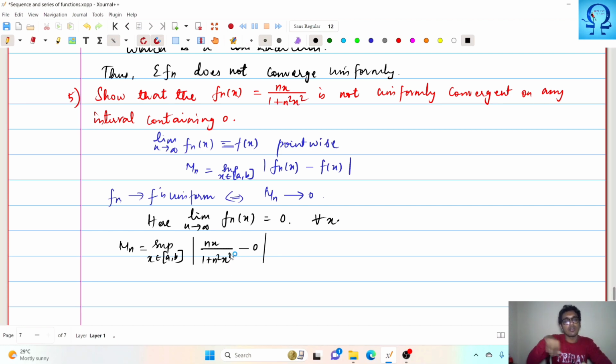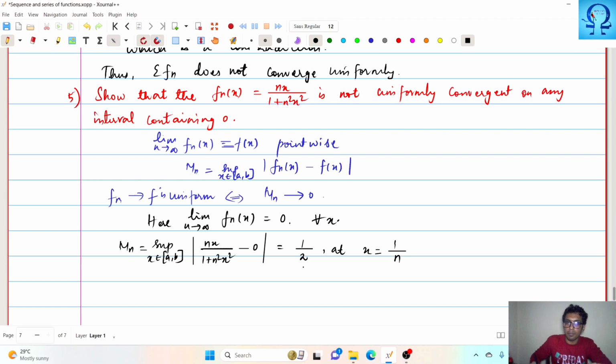Whatever value we substitute, we conclude that the supremum is 1 upon 2 at x equals 1 upon n.